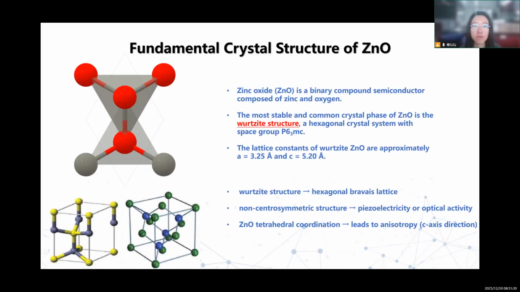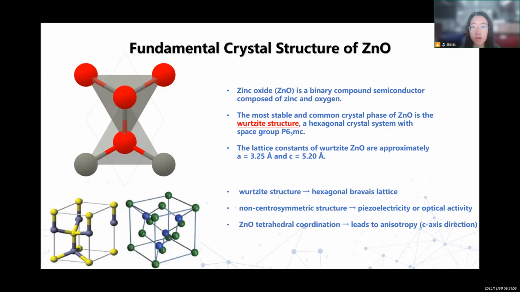Okay, first I will talk about the fundamental crystal structure of zinc oxide. Zinc oxide is a binary compound semiconductor composed of zinc and oxygen. The most stable and common crystal phase of zinc oxide is the wurtzite structure.